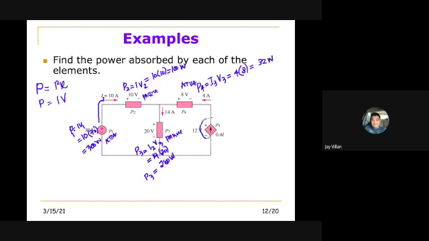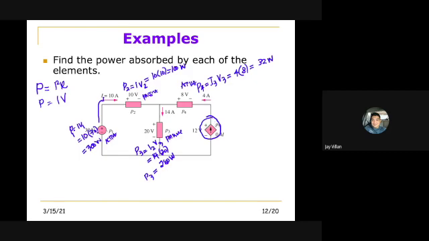Notice that we have another element here, and this element is now a dependent current source. A dependent source is symbolized by a rhombus, no? Ang kanyang shape.